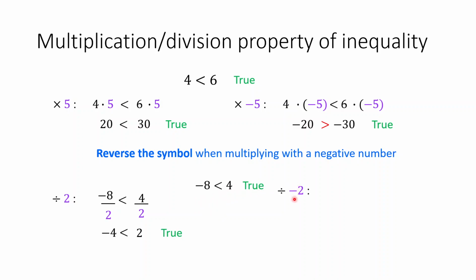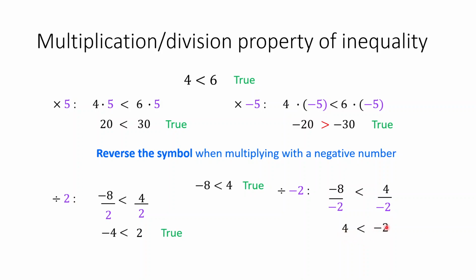Now I am going to divide a negative number on both sides. Negative 8 divided by negative 2 less than 4 divided by negative 2. Negative 8 divided by negative 2 is positive 4, less than 4 divided by negative 2 is negative 2.